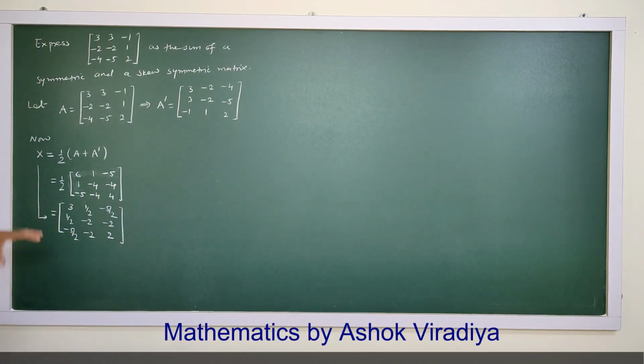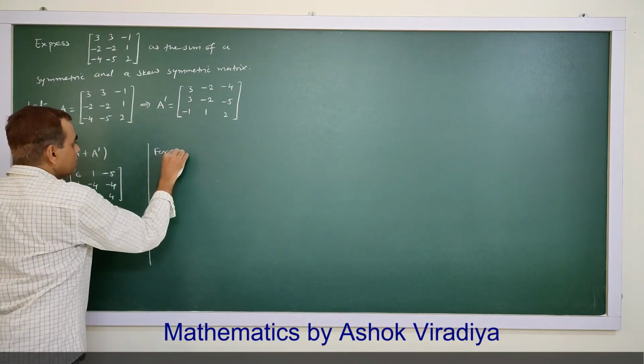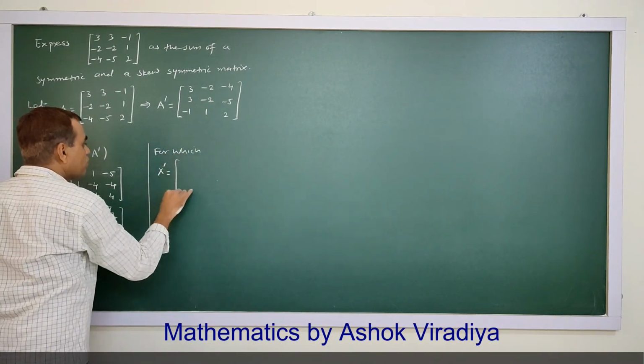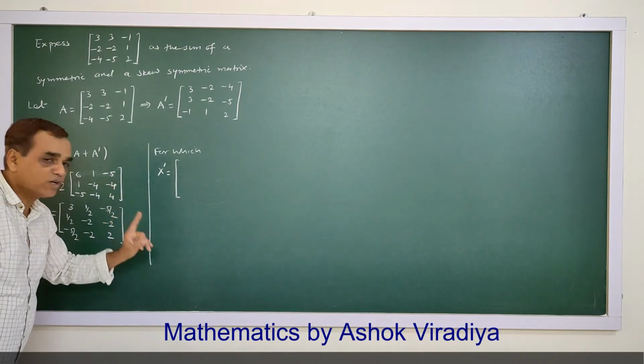Now we show that x is a symmetric matrix, for which we find its transpose. To show that x is a symmetric matrix, we are going to show that x dash is equal to x.